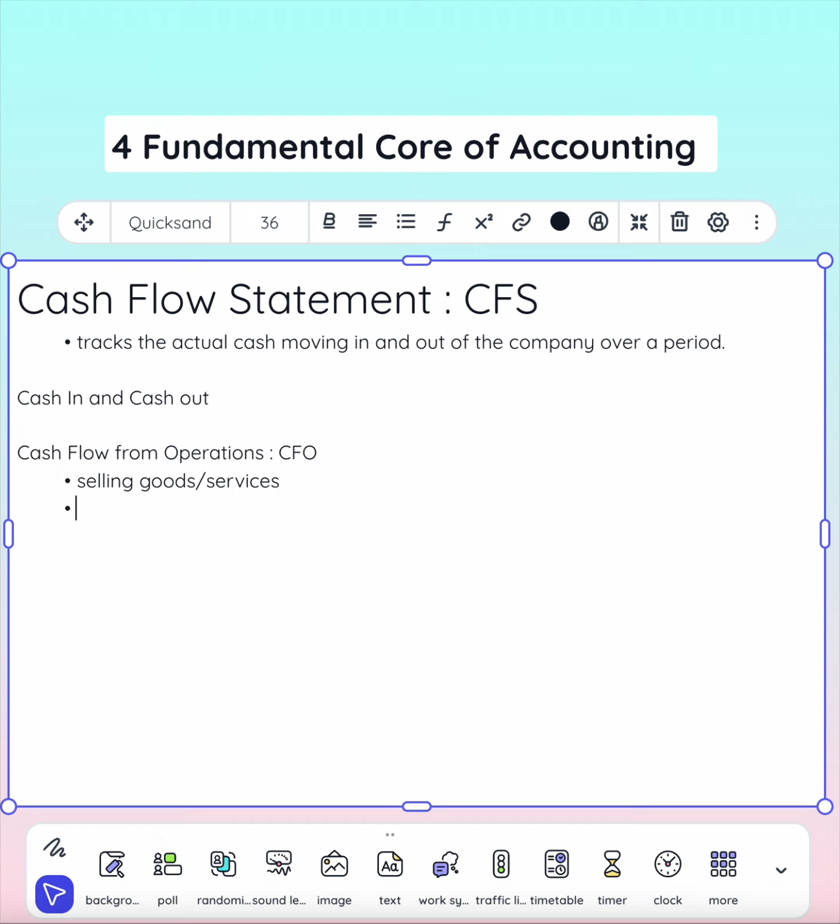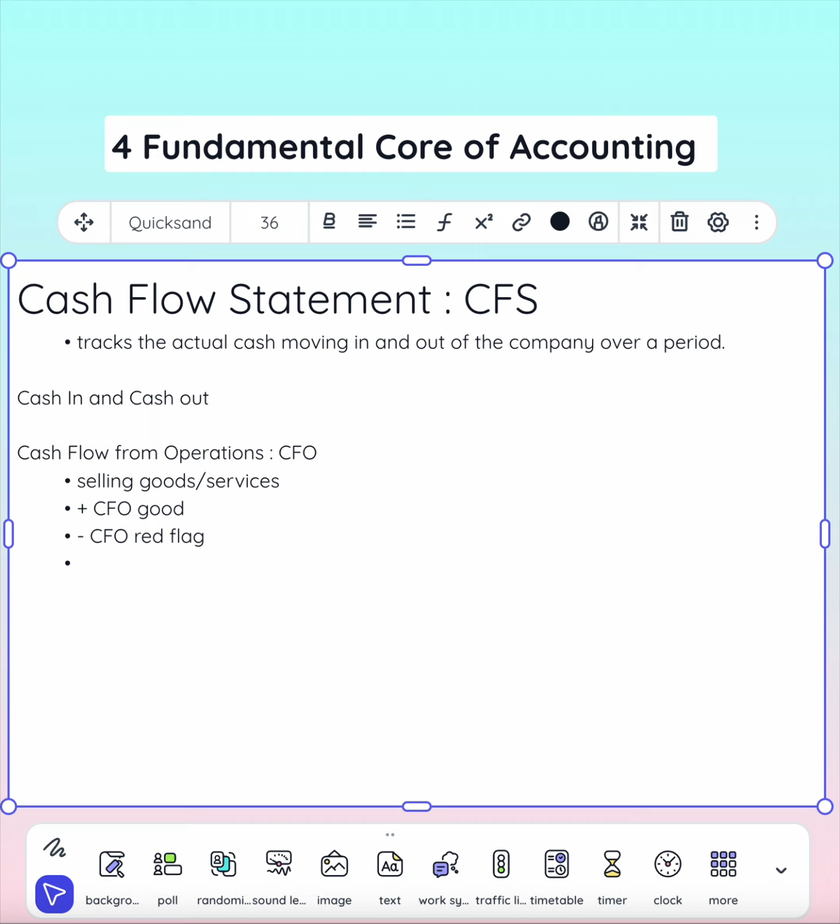Because it shows if the business is fundamentally profitable in terms of cash. So positive CFO is good, and negative CFO means red flag. Okay, so it's not good for the company.